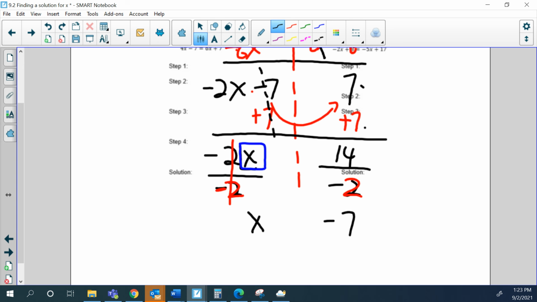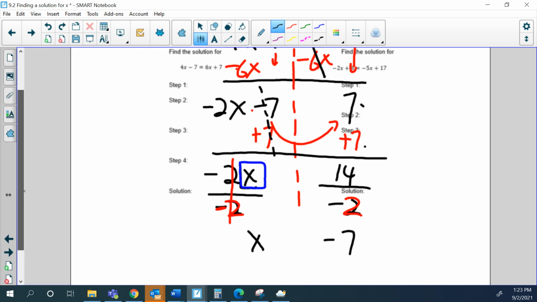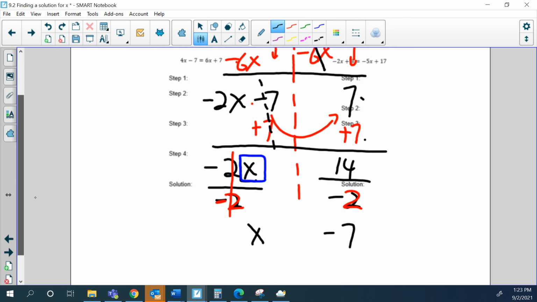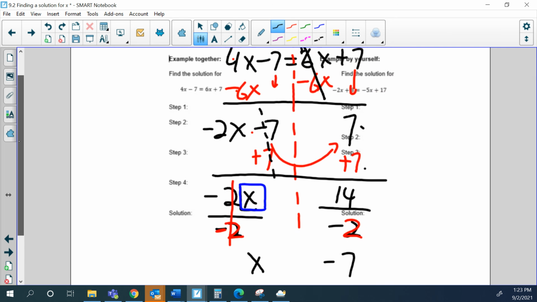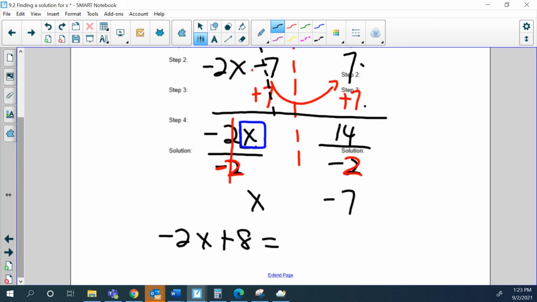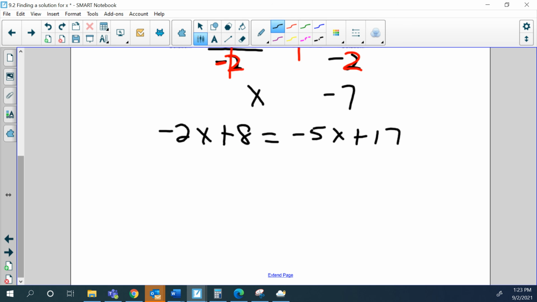Let's see if that is correct. I'm going to go back in and plug this into the equation. So I have negative 2x plus 8, and that is equal to negative 5x plus 17. Let's replace the x with negative 7 and see what I get.